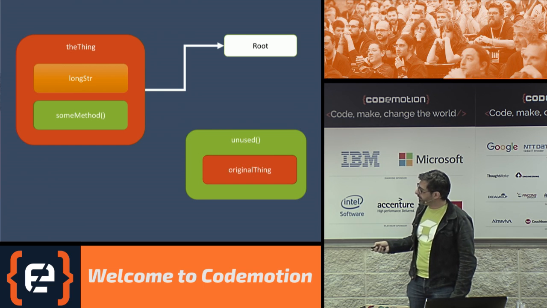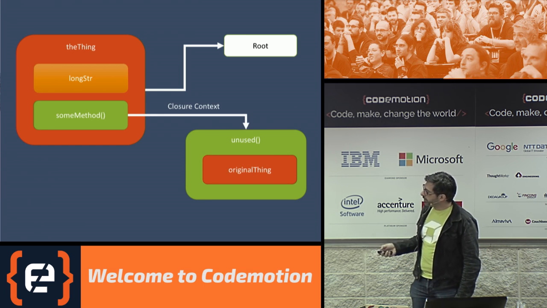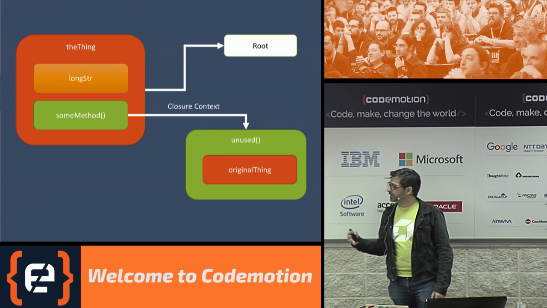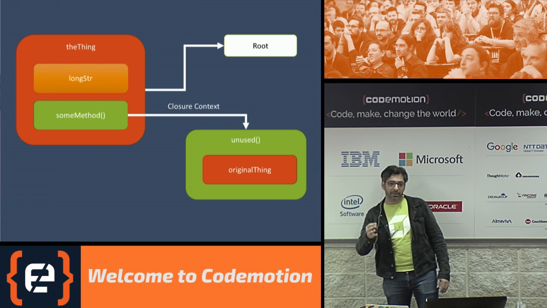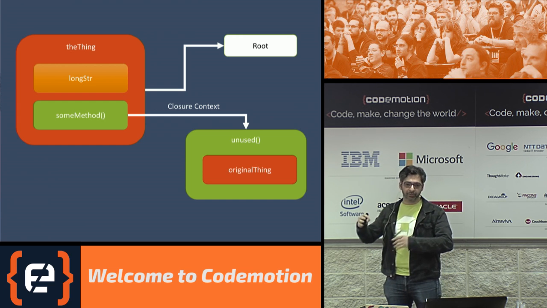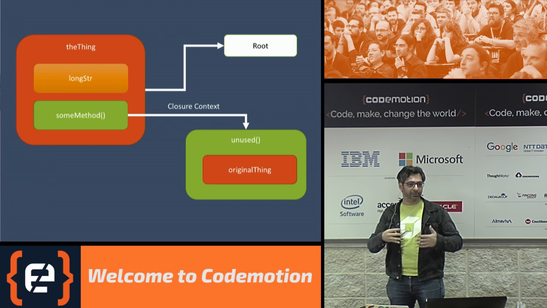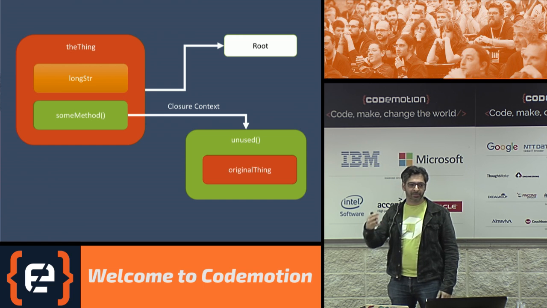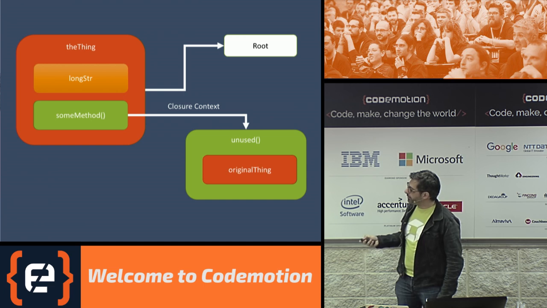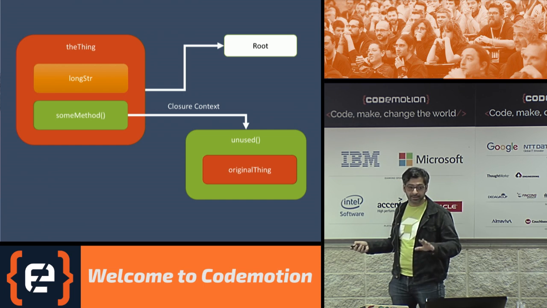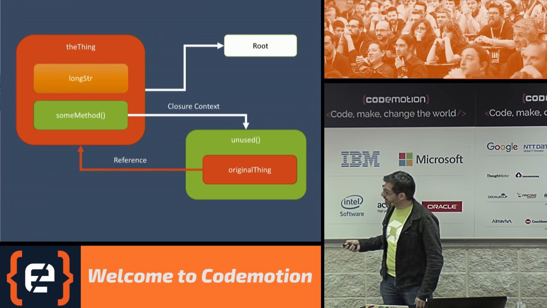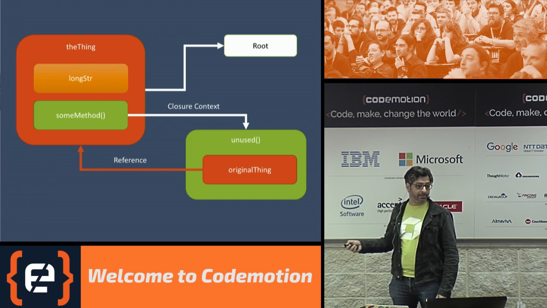And then we have this unused function, and that's the interesting part, we have this closure here, the someMethod closure, and every closure will have a pointer to its enclosing scope, because it needs it to access variables of the enclosing scope. So someMethod will know this function unused, and this function unused references or uses originalThing, but never does anything with that. And originalThing is actually a reference back to the thing here.